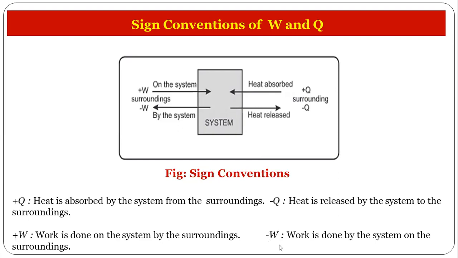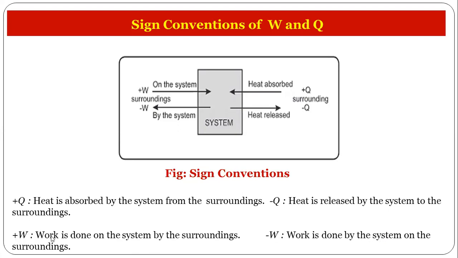So if you remember this, W is negative, and automatically we will write when the W is positive. When the W is positive, here work will be done by the surroundings on the system, remember. Here if the W is minus, work is done by the system on the surroundings.